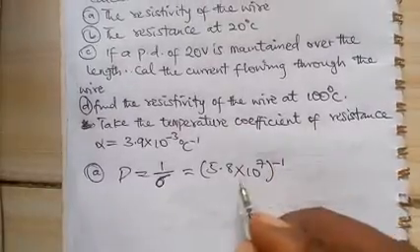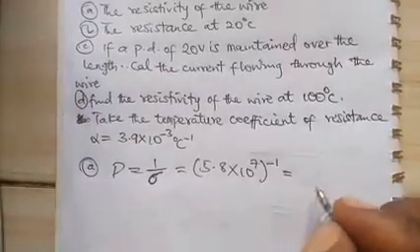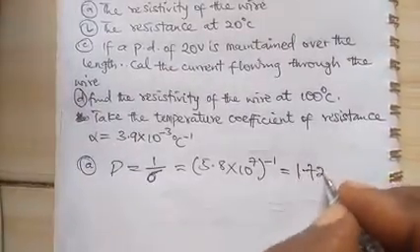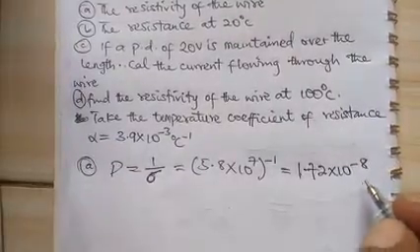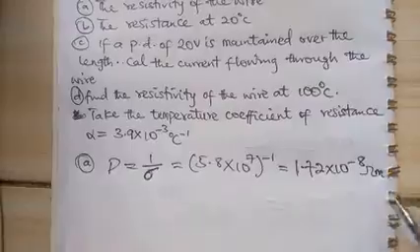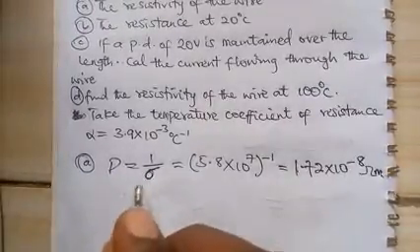That's 1 over this. If we press the calculator for that, we'll have 1.72 times 10 raised to power minus 8 ohm meter. That will be the resistivity.